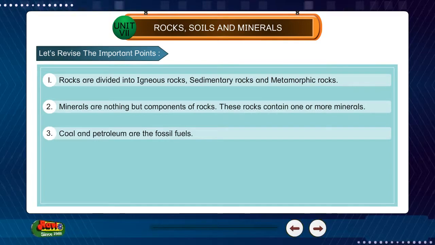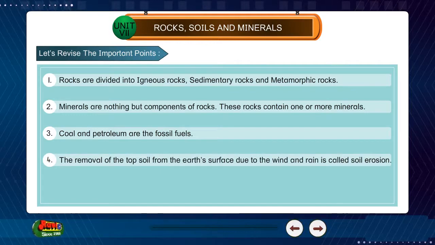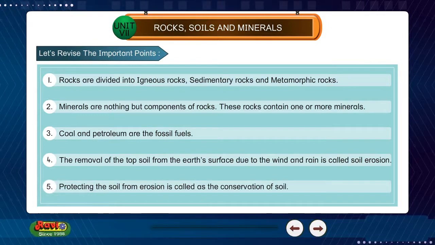Coal and petroleum are the fossil fuels. 4. The removal of the topsoil from the earth's surface due to the wind and rain is called soil erosion. 5. Protecting the soil from erosion is called the conservation of soil.